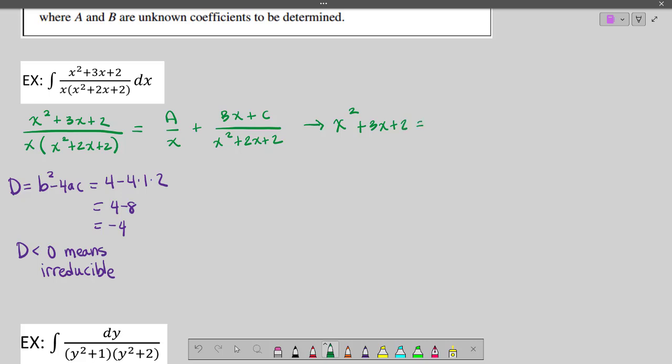If we multiply the left side's denominator all the way through, we're going to end up with a multiplied by the quadratic factor. And then when it multiplies by this, the quadratic factors cancel. We'll have bx plus c multiplied by x. So there's our simplified PFD equation.